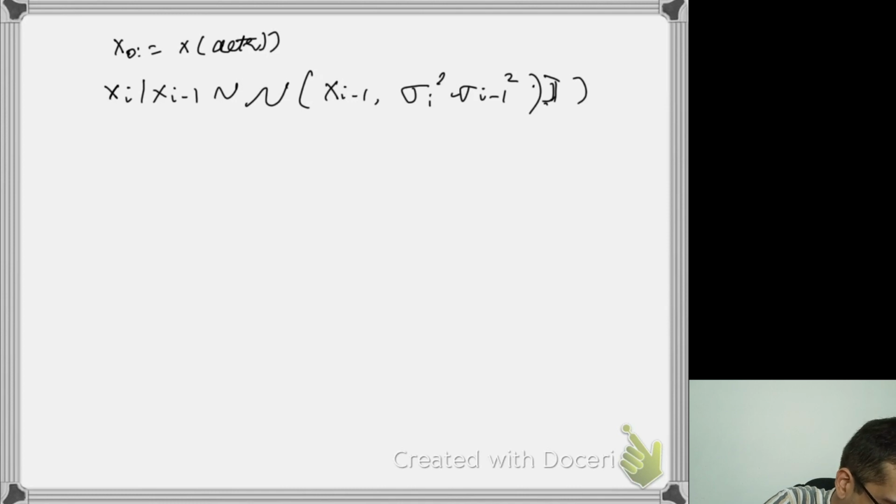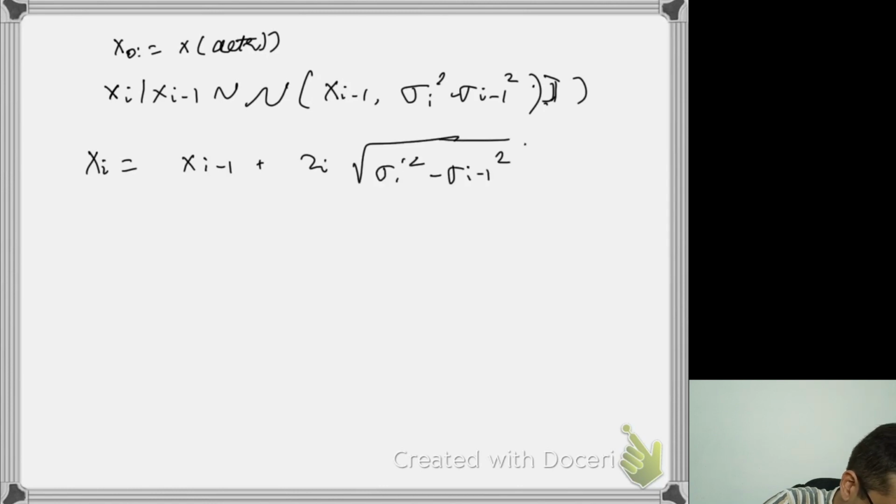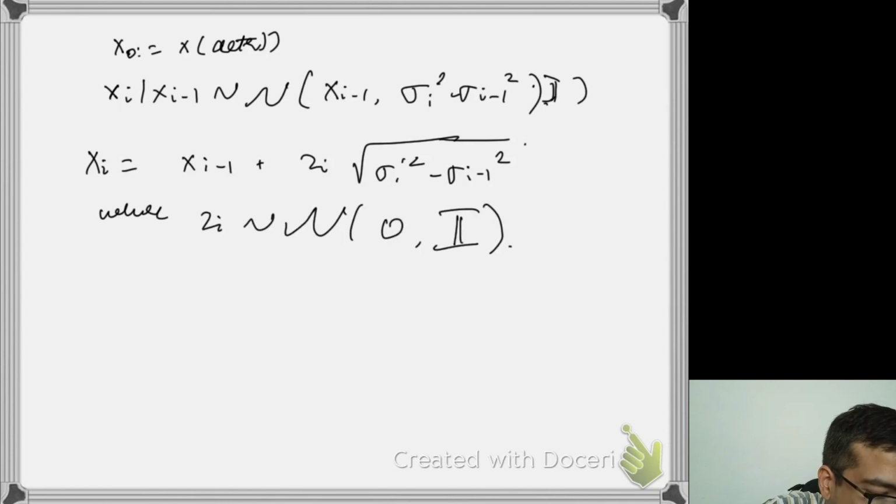So basically xi is xi minus 1 plus zi times the square root of sigma i square minus sigma i minus 1 square, where zi comes from a normal distribution with mean 0 and covariance identity.